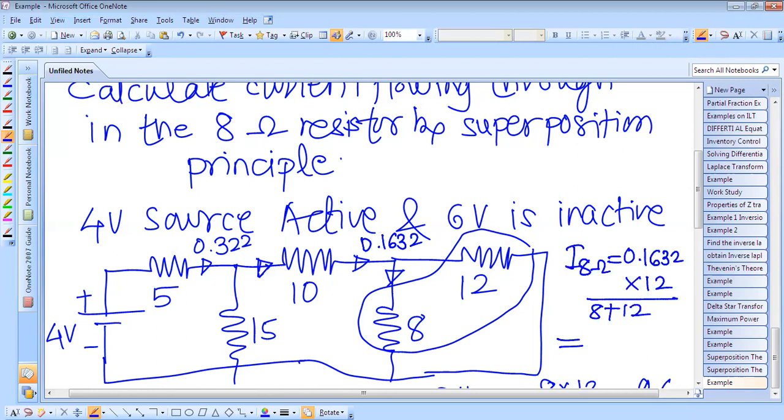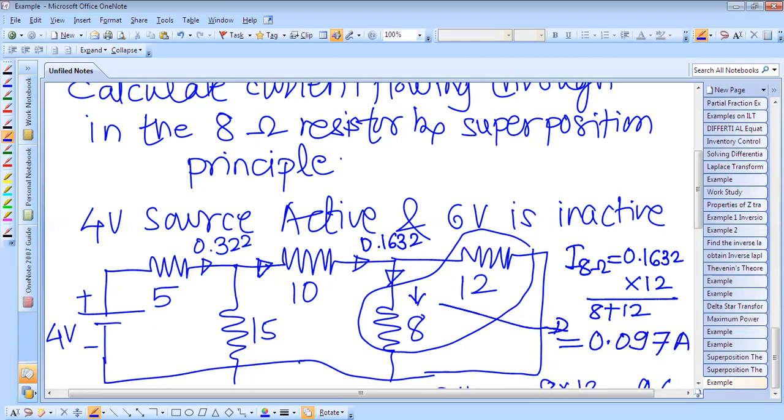So this current times 0.1632, this much of the current is flowing through this 8 ohm resistor, because up till this we have found this 0.1632.